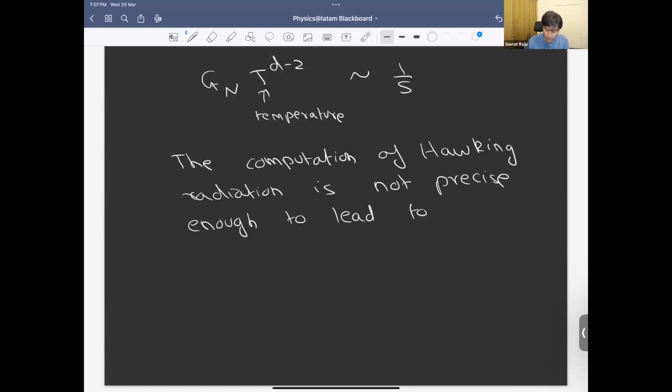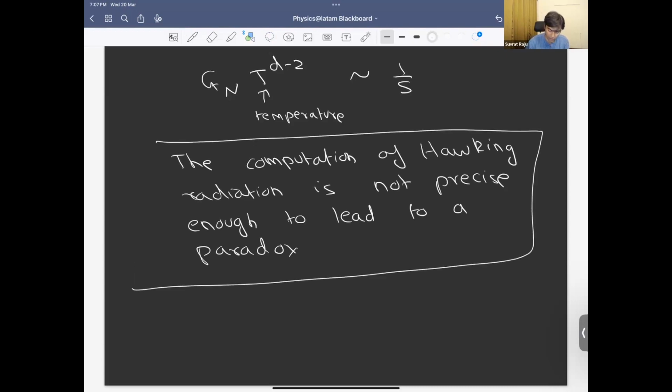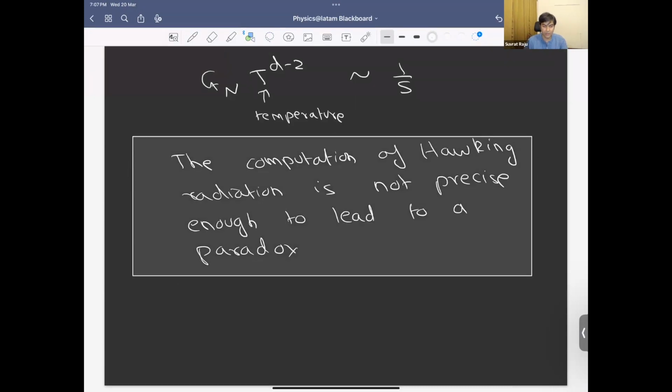Now, this doesn't mean there's no paradox, but it just means that this computation, and in fact, as I'm about to explain in a minute, Hawking himself had a counter argument to this. Sometimes you will find popular descriptions of the paradox. Sometimes in my own popular lectures, I say, look, you can compute this. You find that the black hole gives thermal radiation. The thermal radiation is uncorrelated with the initial state. Therefore, you get a paradox. But this is not precise enough to lead to a paradox.